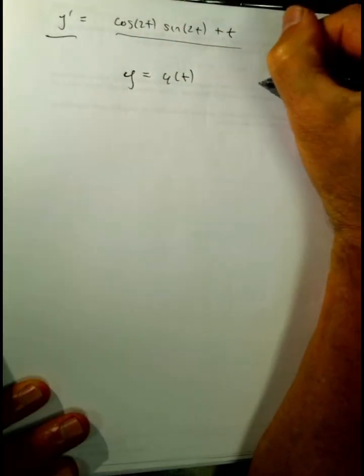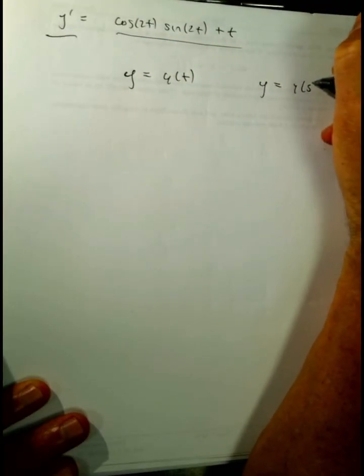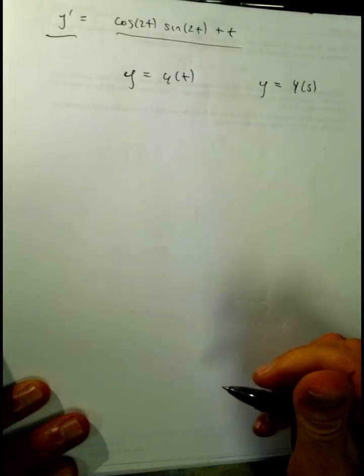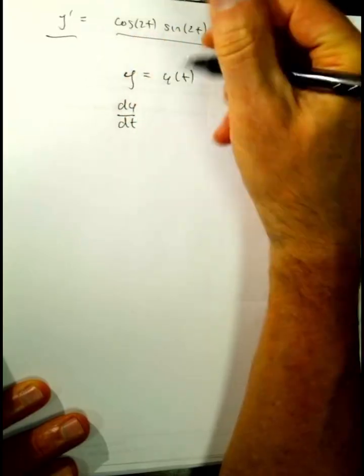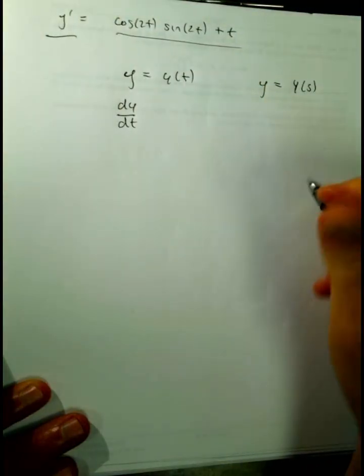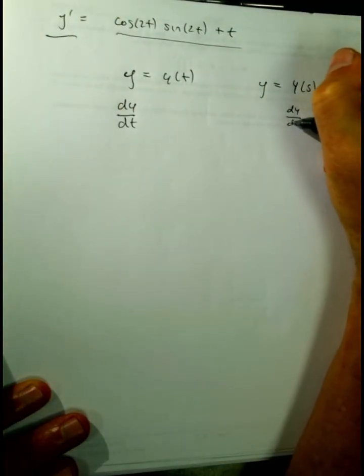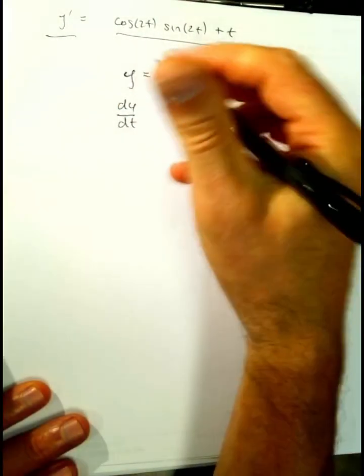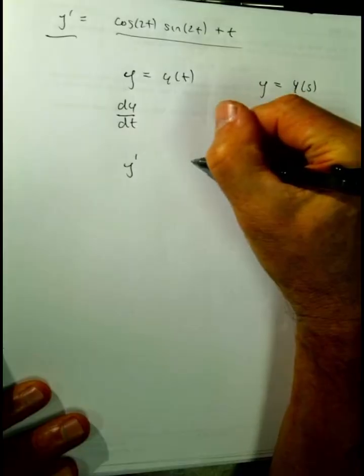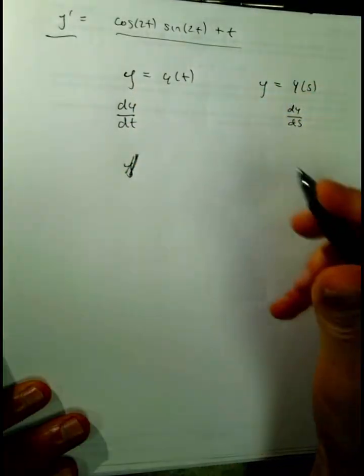But notice, if I replace the t with an s, it's not a big deal. I'm just changing that. And the way I wrote it originally on the left, it's dy dt. But if I take a derivative with respect to s over here, it's going to be dy ds.